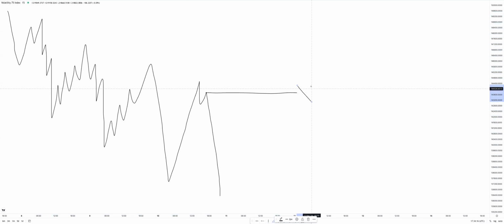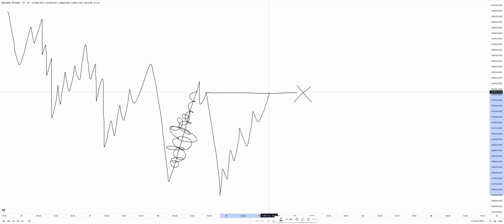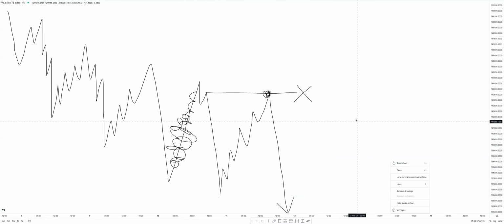We have our invalidation X, but on the other side, we don't have any other structure. It's just a pure impulse movement. That means this is our invalidation X, and we have high possibilities of respecting our invalidation X so that we can proceed creating more lows to the downside.